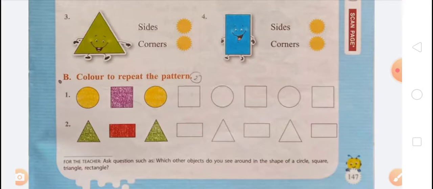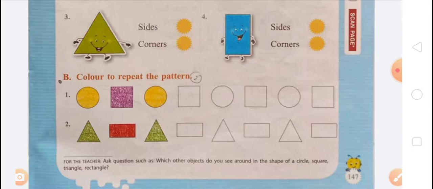So first circle, then square, then circle, then square, then circle, then square, then circle, then square. It's a pattern. So we have to color all the circles yellow and all the squares purple.